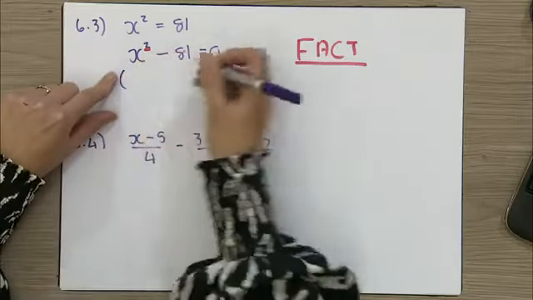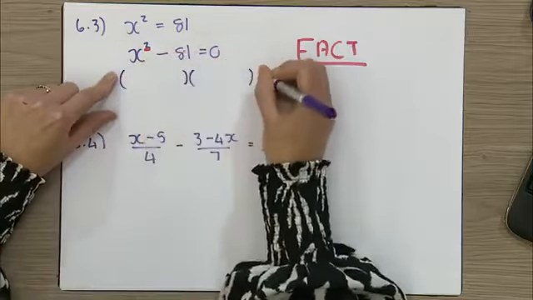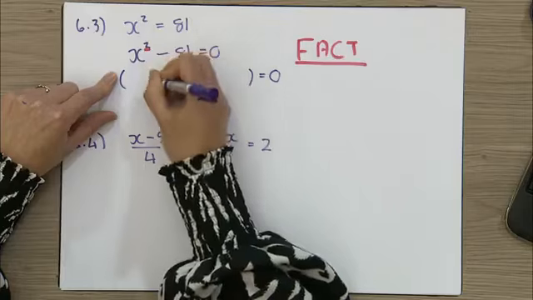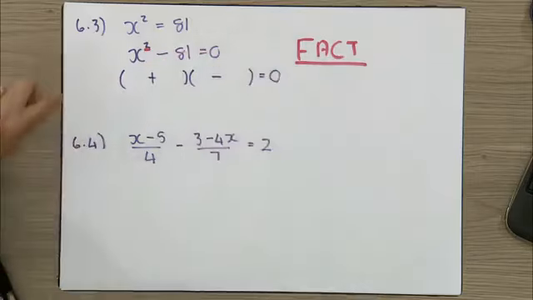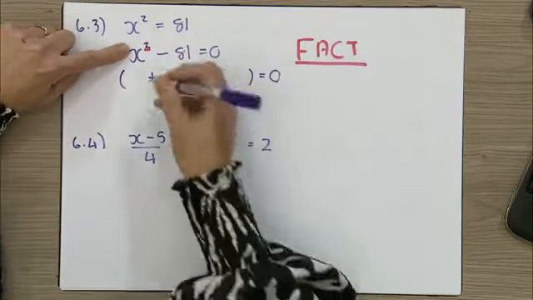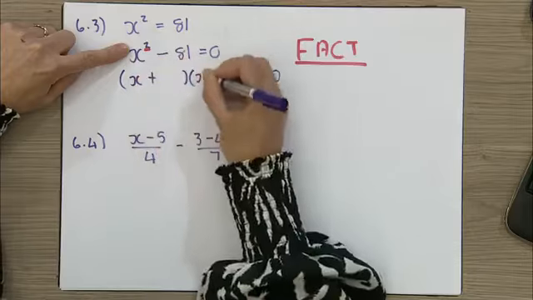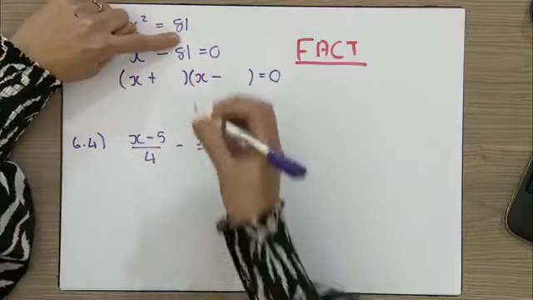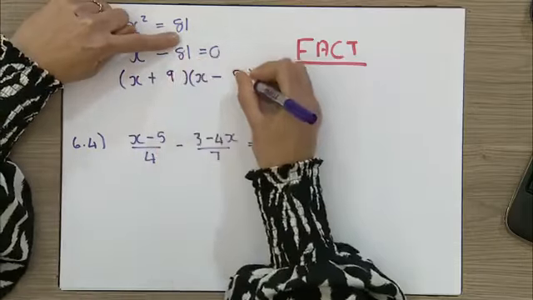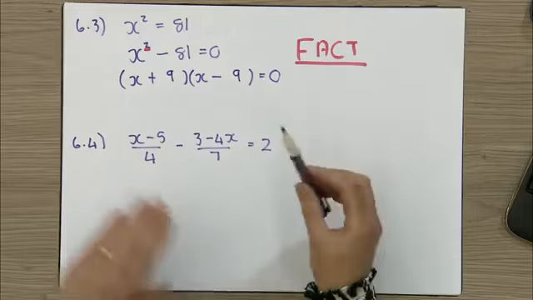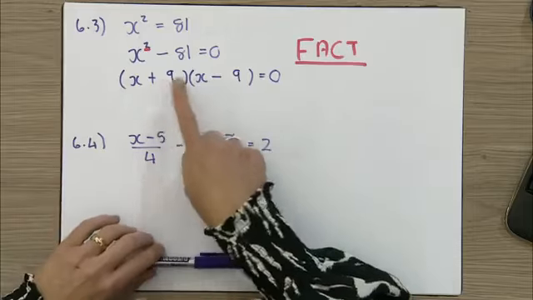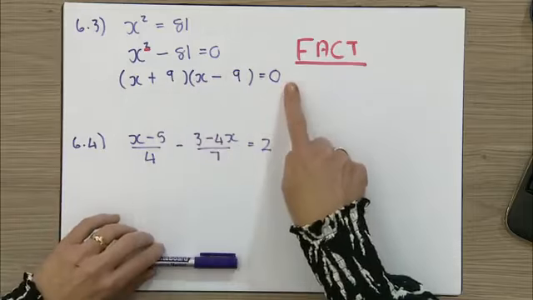So I'm going to have 2 brackets. The first one is going to be a plus, and the second one's going to be a minus. What times what gives me x squared? X times x. What times what gives me 81? 9 times 9. Now, what does this mean? How do I get, if I multiply something equal to 0?